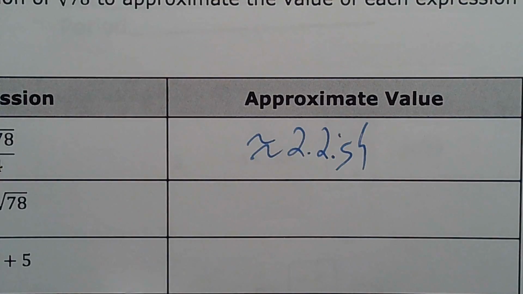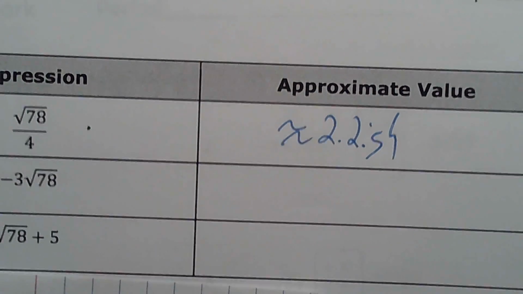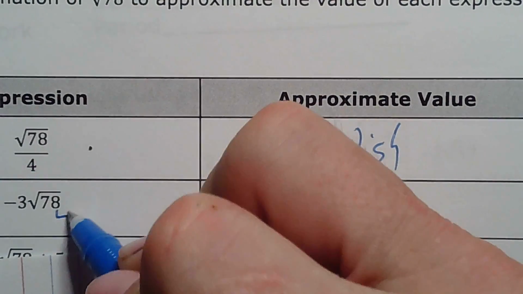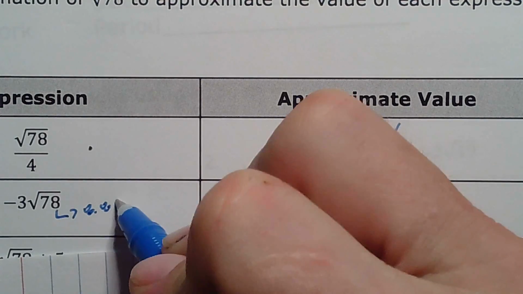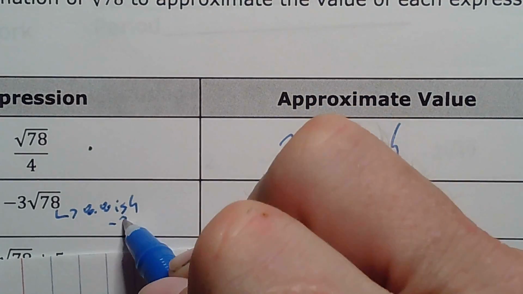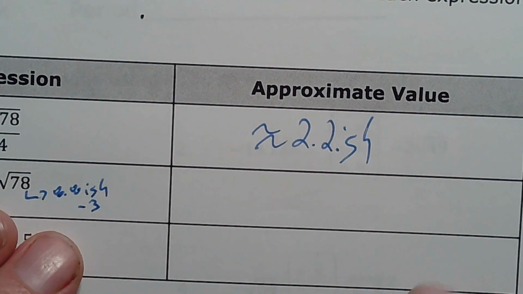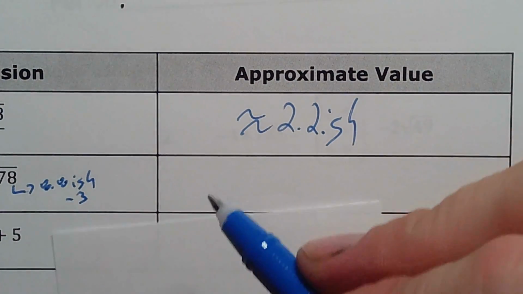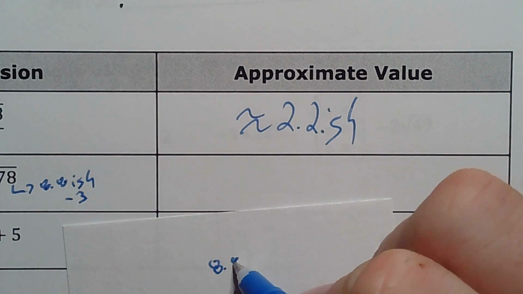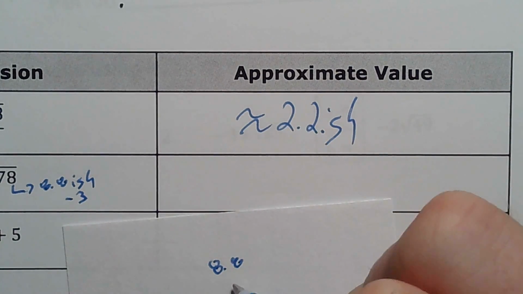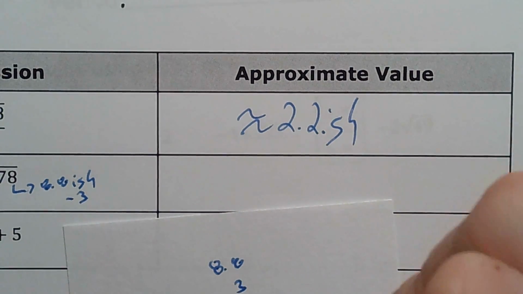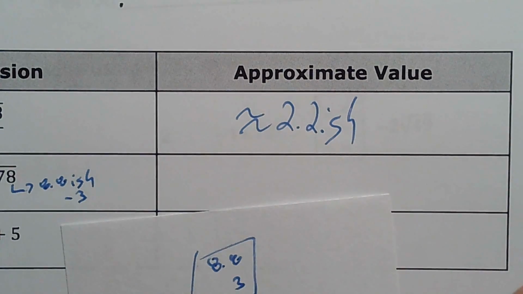So now I have the 78, which is, like I said, 8.8-ish. I'm going to multiply it by -3, right? So 8.8-ish times -3. This is almost 9, so 9 times -3 is 27.